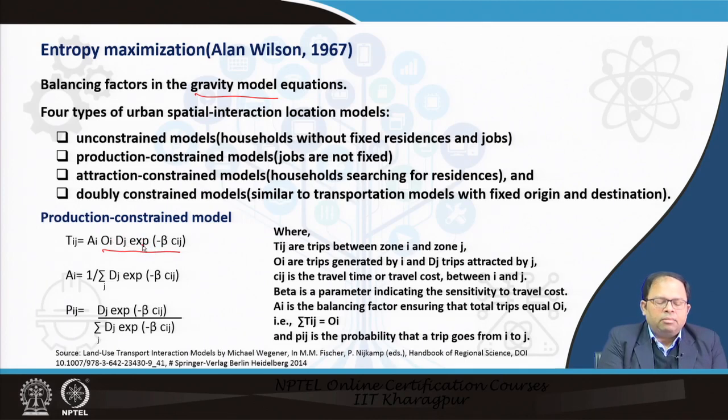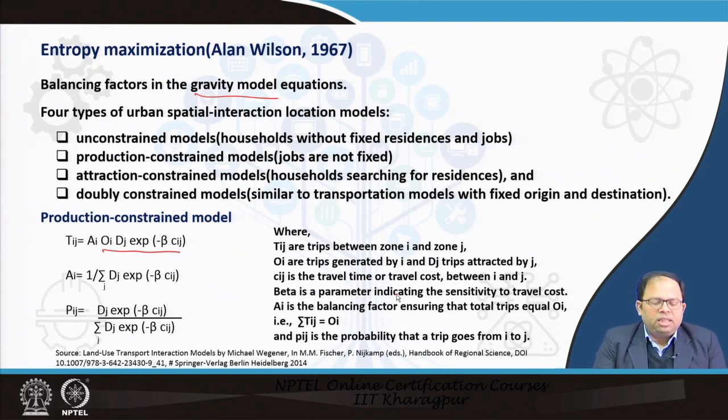It is not taken directly; we take the exponential of the distance, and because it is inversely related, a negative sign is there. Beta is a parameter indicating the sensitivity to travel time or travel cost, which we can calibrate or change to fit the models.